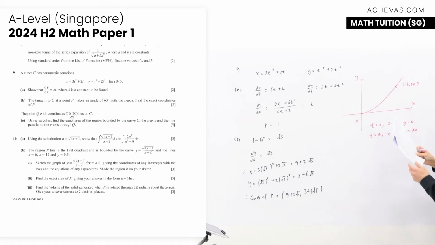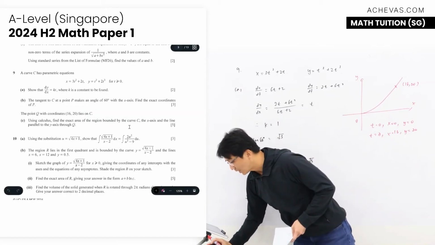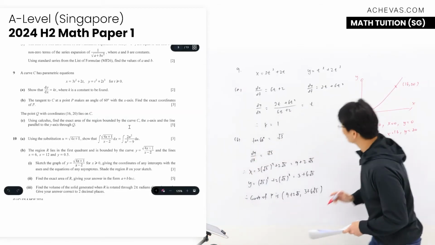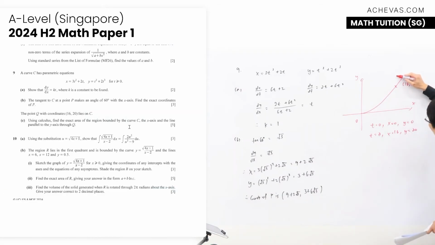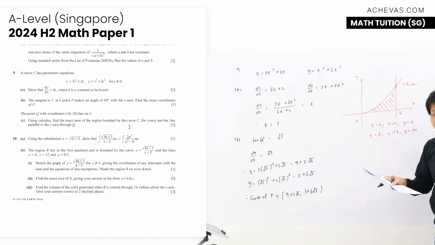And the question wants us to find the exact area bounded by the curve, the x-axis and the line parallel to the y-axis through Q. So therefore, they want us to find this particular region here. This is 16. For parametric integration, I'm going to write down the original Cartesian equation for the area first.